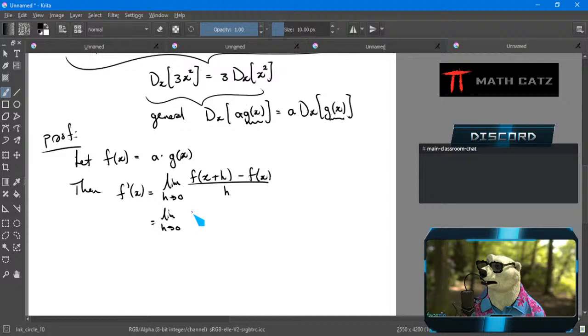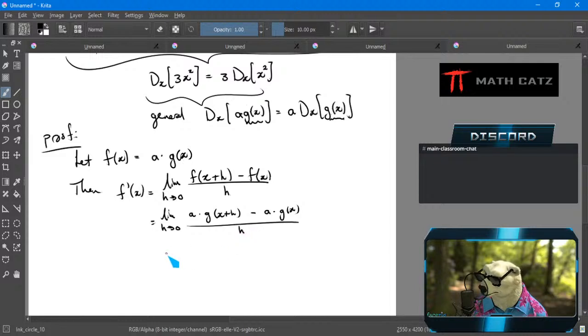Now, the function f is a number a times some other function g. So f of x plus h is a times g of x plus h. F of x is a times g of x, over h.